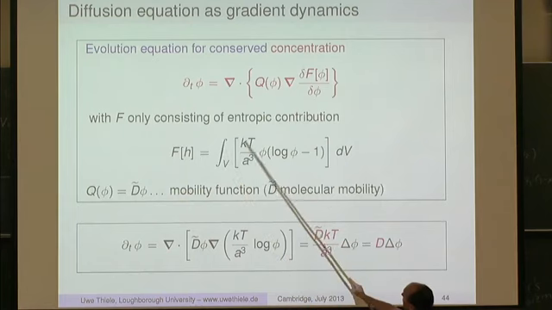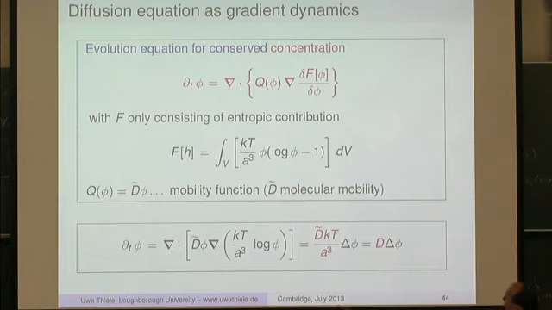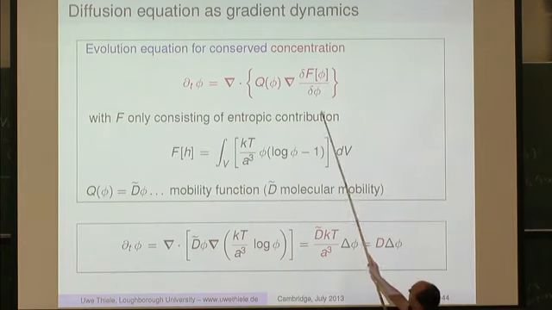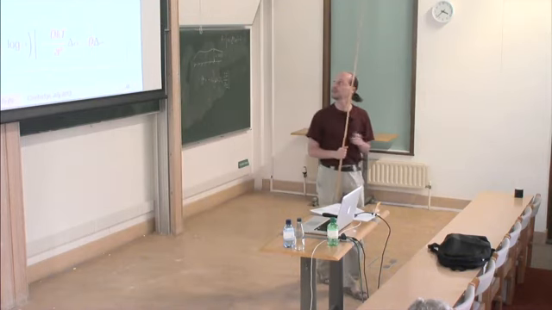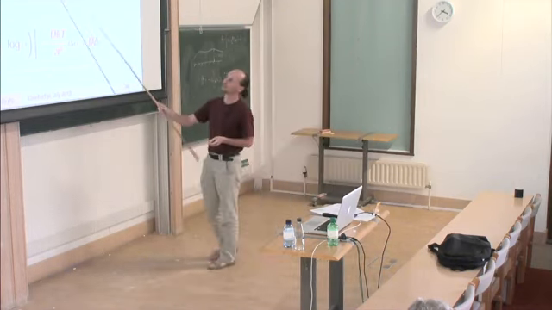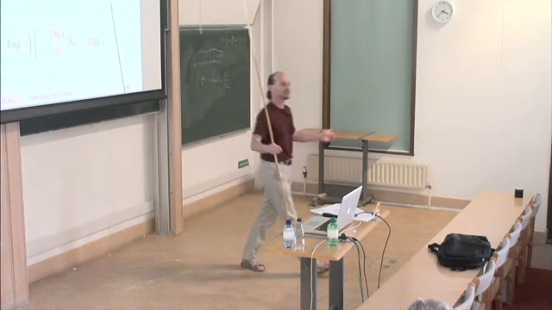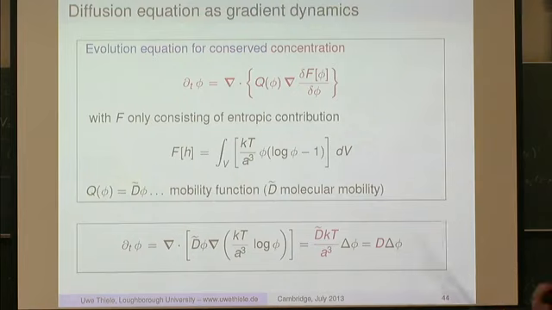And if I plug in this free energy functional, I exactly recover the diffusion equation. dt phi equals D Laplace phi, where D is now defined as d tilde times kT over some molecular length to the power 3, right? And this is also the starting point. This type of formulation is the starting point, for instance, for dynamical density functional theory, where then you just make this functional arbitrarily complicated as you get it from thermodynamics, and you get automatically a dynamic equation out for this, right?